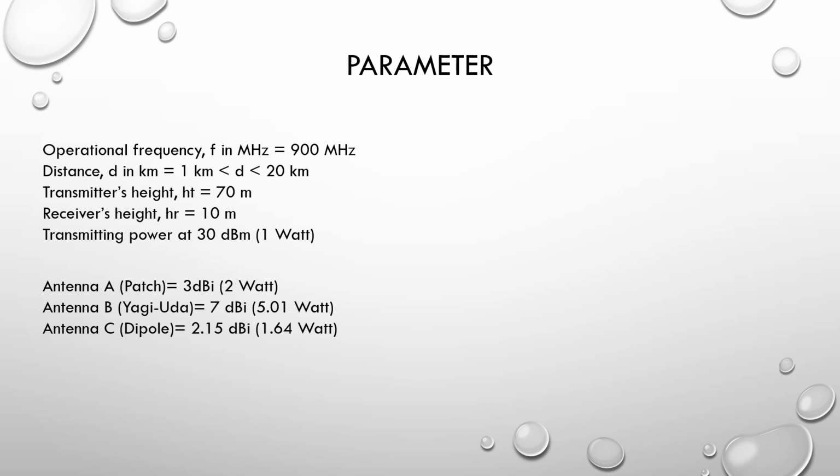And the last antenna is the dipole antenna. The gain for the dipole antenna at frequency 900 MHz is between 2.15 until 3.15 dBi, so I choose the gain for the dipole antenna as 2.15 dBi.